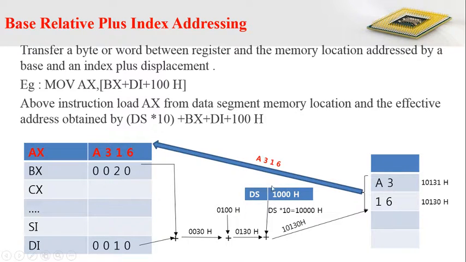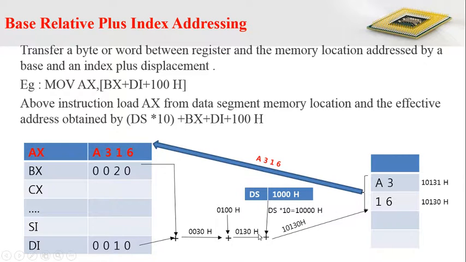So suppose the DS register has content 1000, which indicates the starting address of the current data segment. Perform a 4-bit left shift, or make it a 20-bit address by multiplying with 10.